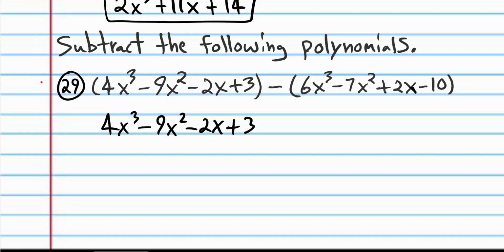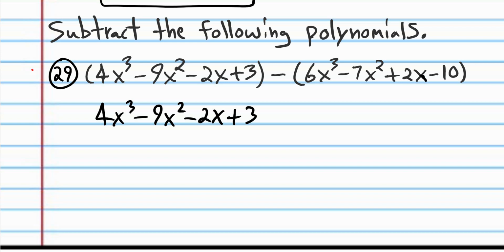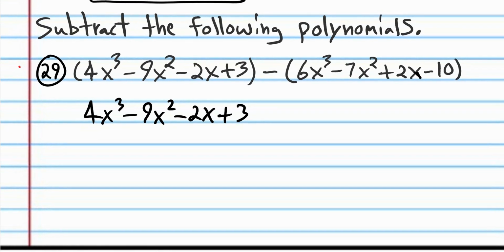Now there's a number of ways to think about this. Probably the easiest way is you're going to just get rid of this subtraction symbol, and then you're going to change all the signs of the terms in this polynomial that you're subtracting. This is a positive 6x cubed, so it becomes a negative 6x cubed.